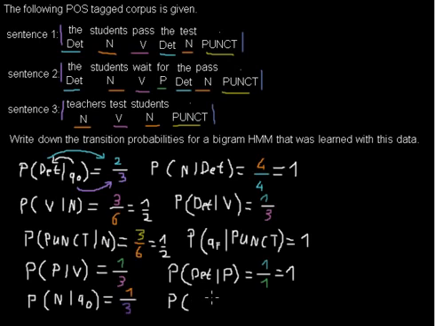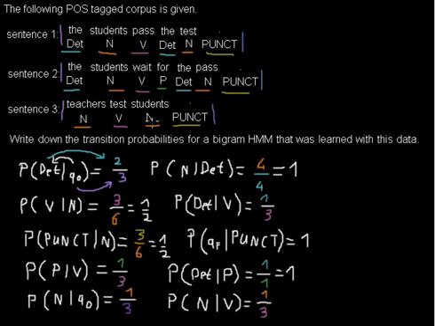So we have a verb, and it is followed by a noun. So we want to calculate the probability that we encounter a noun given a verb. The count for verbs is 1, 2, 3. And for the noun, it's only one case where the verb is followed by a noun, so this gives us 1/3.